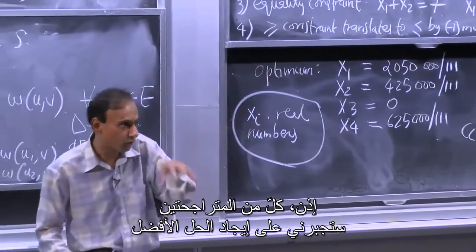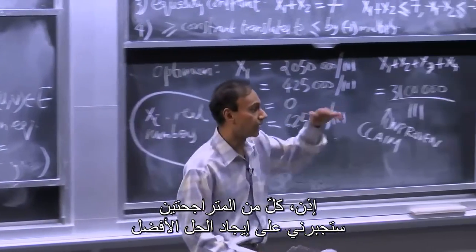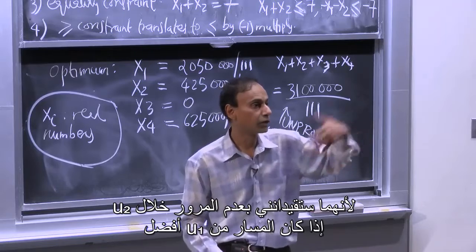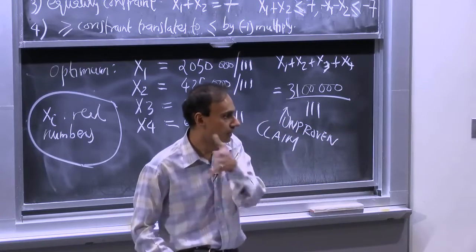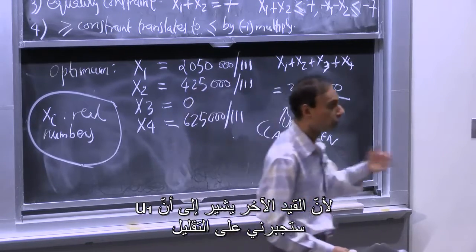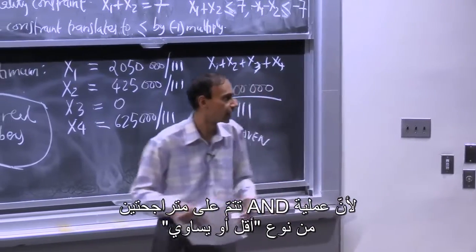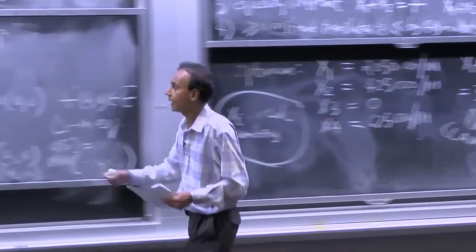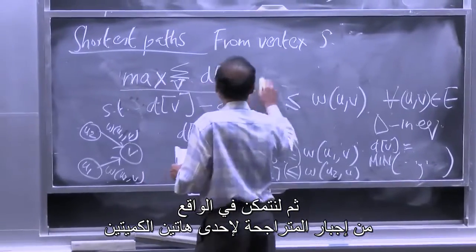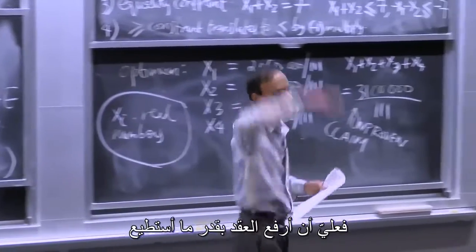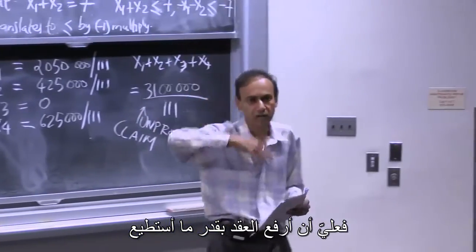So each of them is going to force me to find the best solution, because they're going to constrain me to not go via U2 if U1 is better, because the other constraint corresponding to U1 is going to force me down, right? So there's an additional min in there because of the ANDing of the less than or equal to's. And then in order to actually force the equality for one of those, I need to push up as hard as I can, or as high as I can.